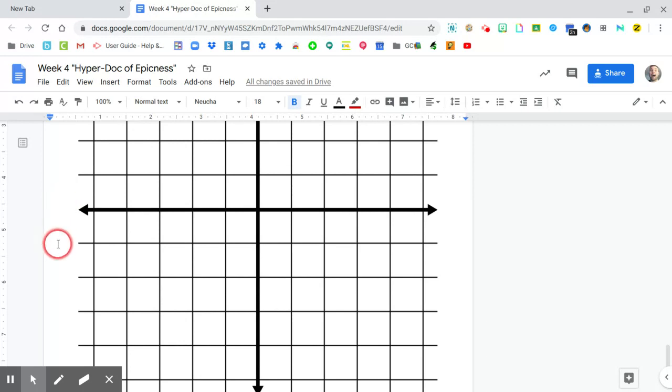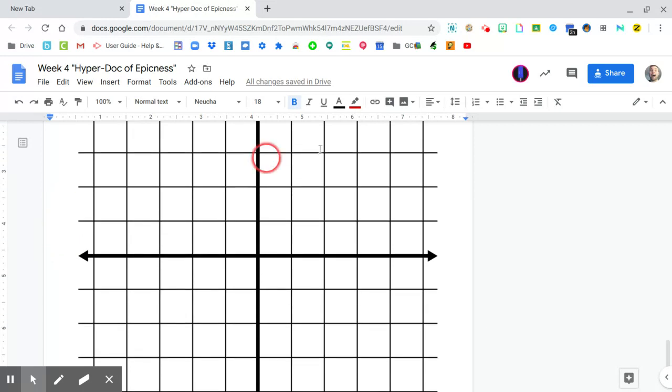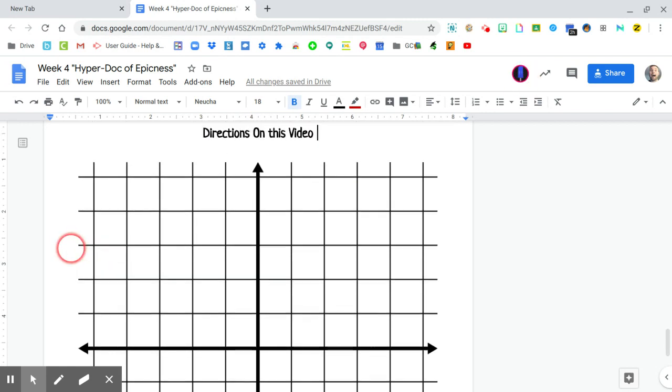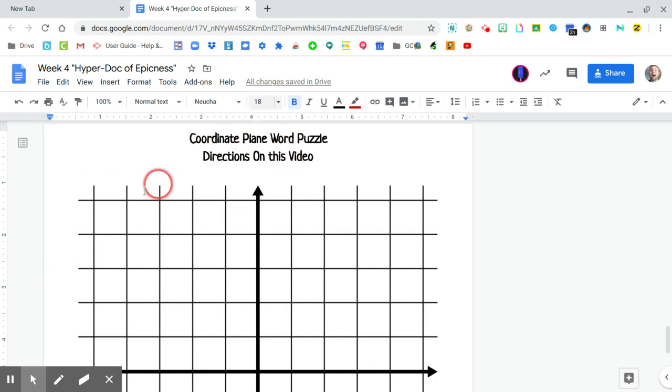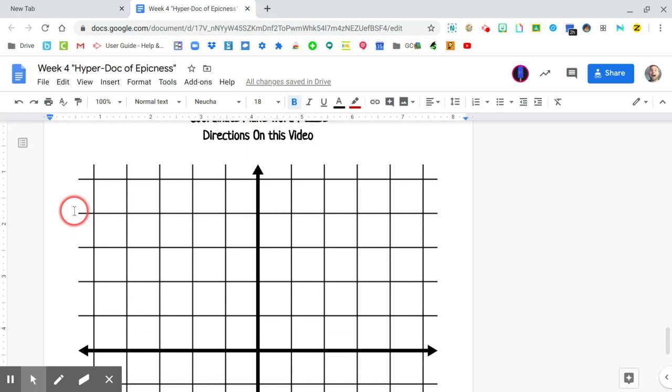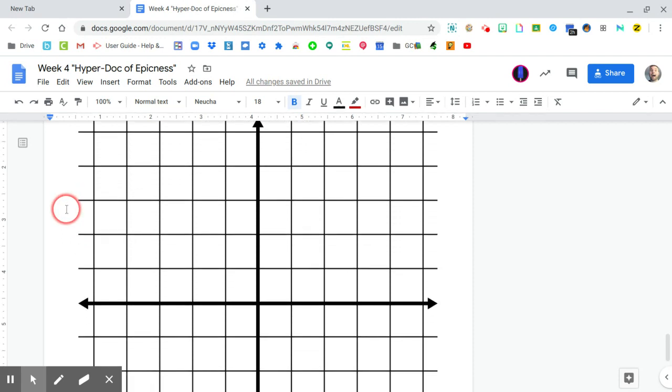Okay. So the idea is that it looks like somebody's already on this morning. That's great. The idea is that you're going to create a word puzzle. It's almost like Hangman for people to guess, and they will either fail or succeed based on how well they can locate ordered pairs on a coordinate plane.